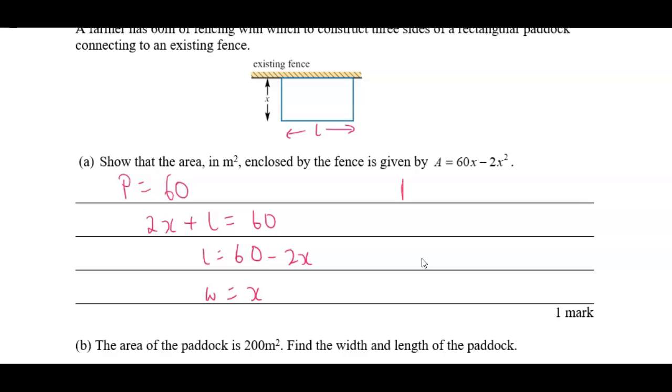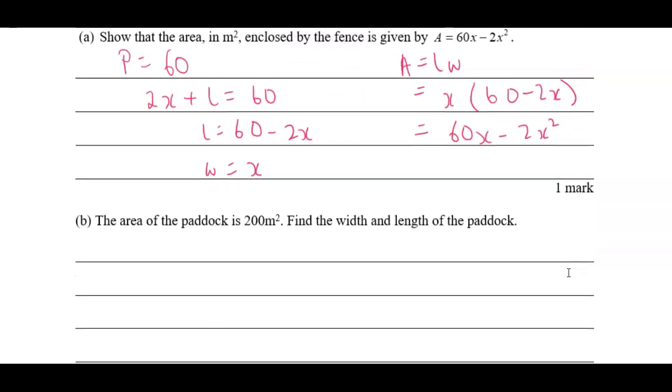So your area, which is length times width, we just substitute these values in now. So we've got x times 60 minus 2x. Again, it doesn't matter on the order. I just put it that way because it always looks weird if you put the x on the end, but it's the same thing. Multiply the x in, so we've got 60x minus 2x squared. Okay, and that's how you show that formula.